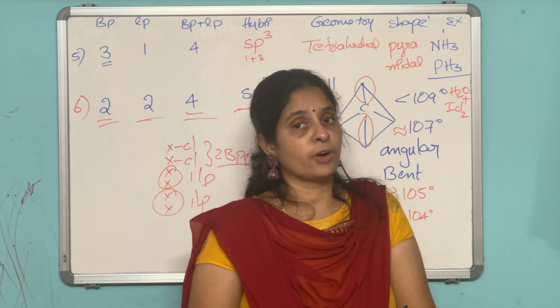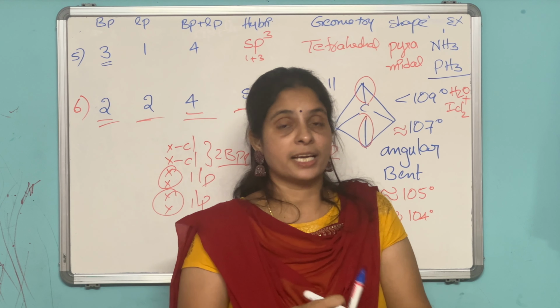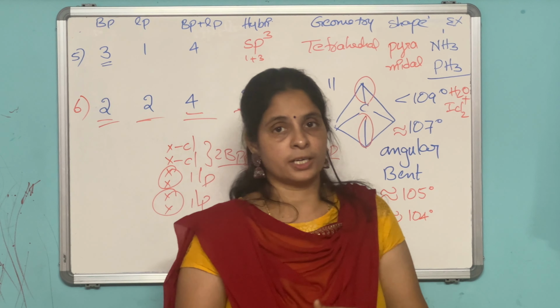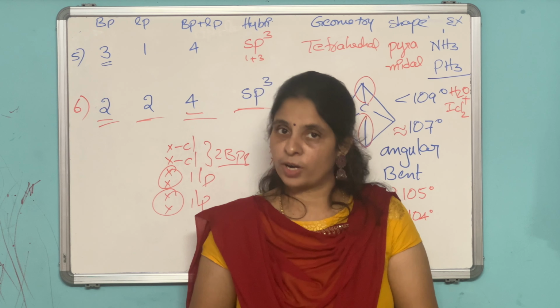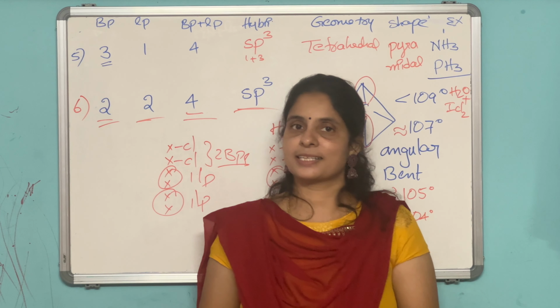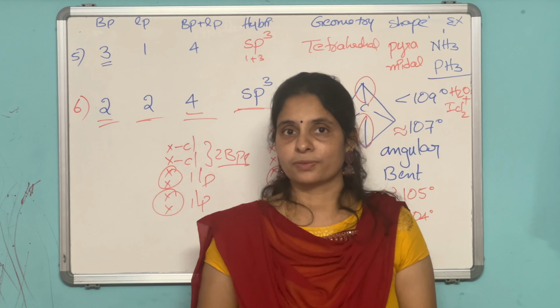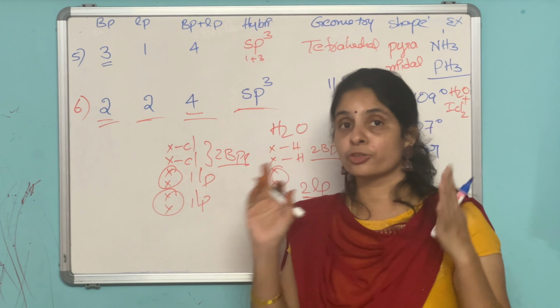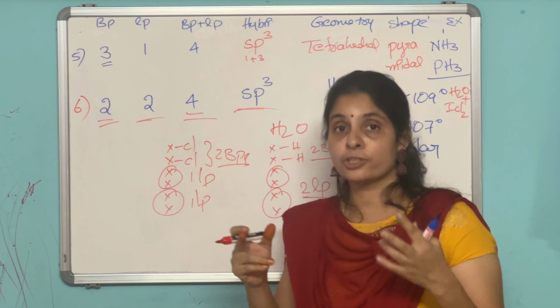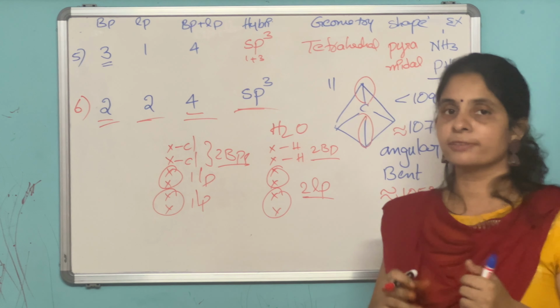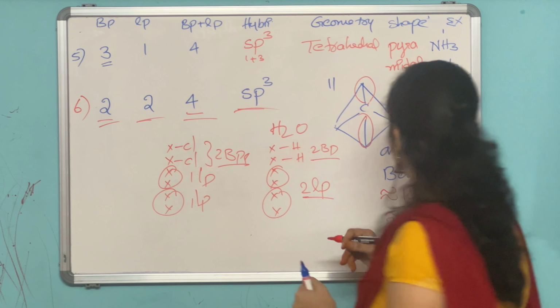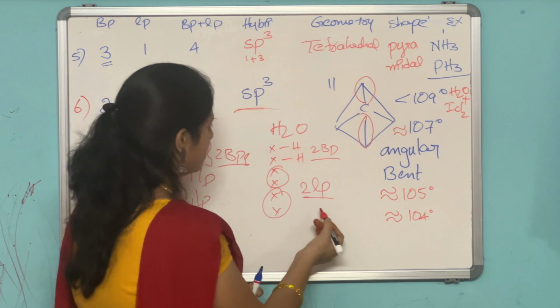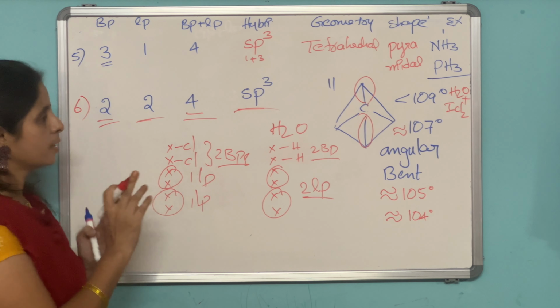So from 109, CH4 as an example 109, NH3 107, H2O 105 or 104. Your thinking should be like this, then only you will definitely get the correct answer. I think this will be clear.